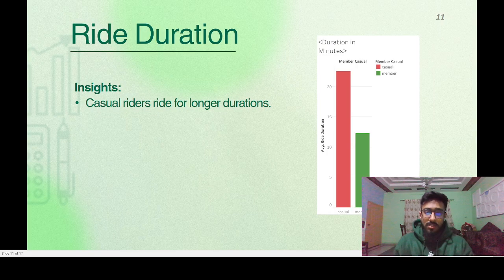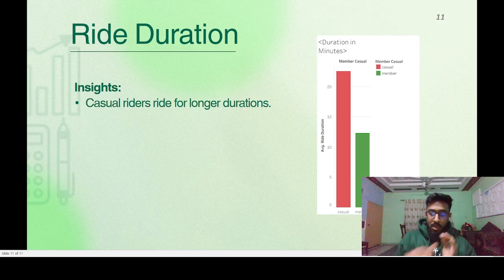This gives us an idea that the casual riders are riding the bikes for a longer duration. They're enjoying their ride. They are not specifically going from point A to point B and that's the end, but rather they are using the bikes for longer periods of time as compared to membership riders, who are using the bikes for a significantly lower average time.